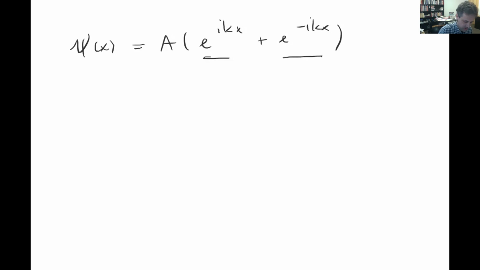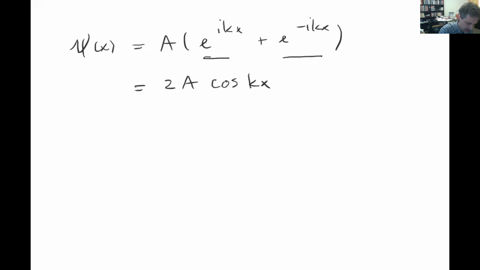And I can actually rewrite this in the form of a cosine. This is basically using the cosine rule for the complex exponential. Hopefully you know that, and if not, I will write that out very nicely on Friday, just to make sure everybody understands. This is how you can write a cosine in terms of complex exponentials. So the combination of these two wave functions gives me a result that looks like a cosine.